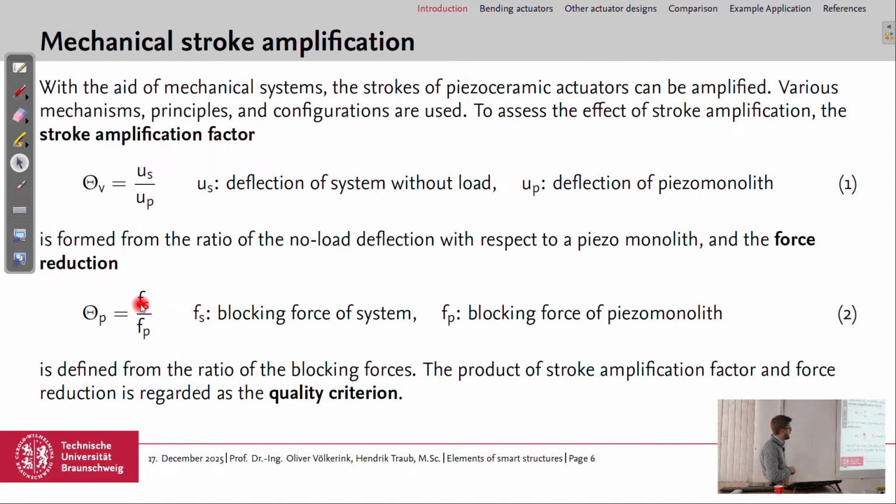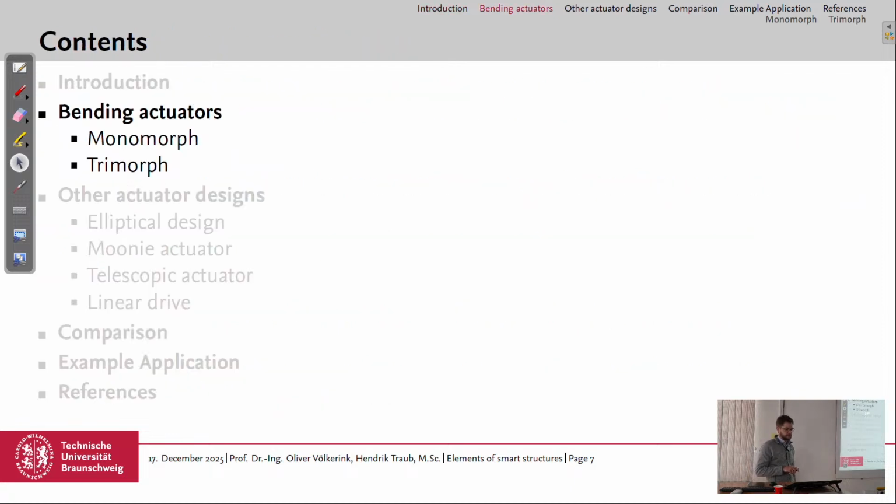In this case, we compare the blocking force of the system to the blocking force of the piezo monolith. And then we also have a quality criterion, which is defined by the product of stroke amplification times force reduction. We will come to that in a few slides.